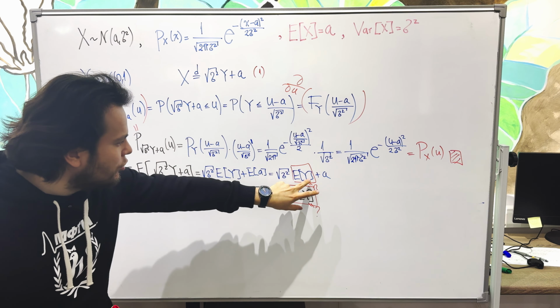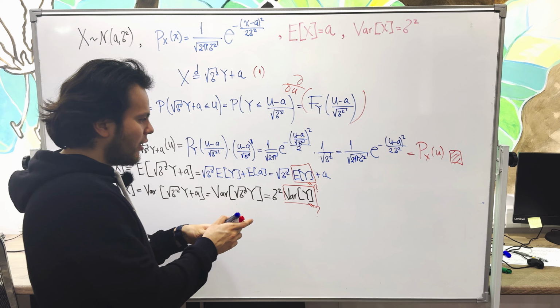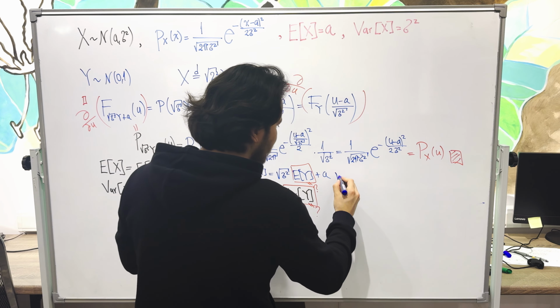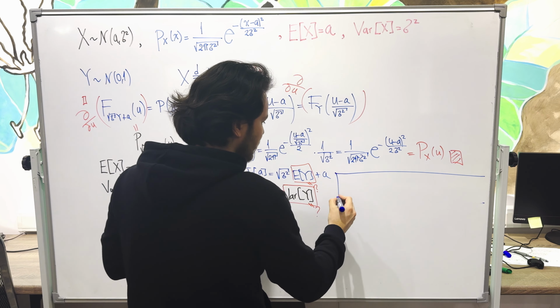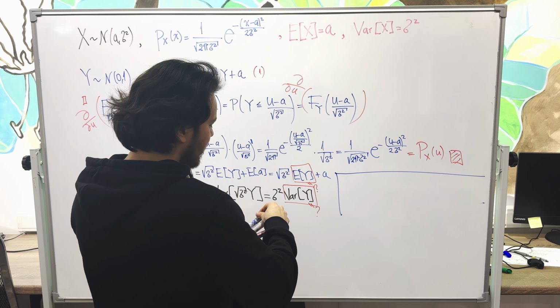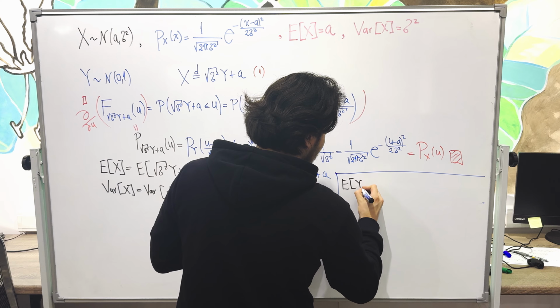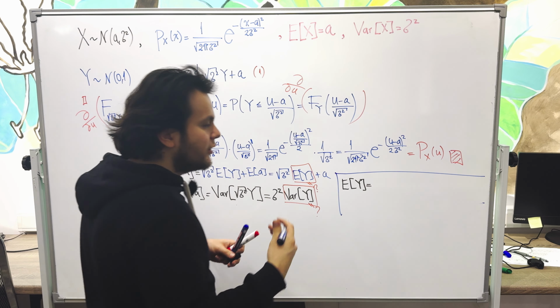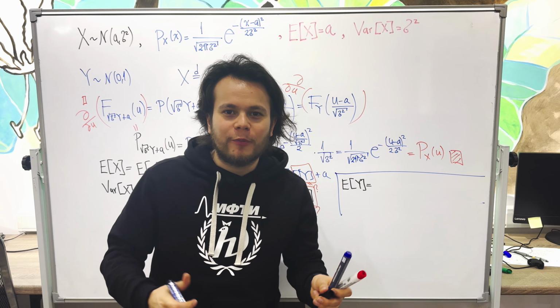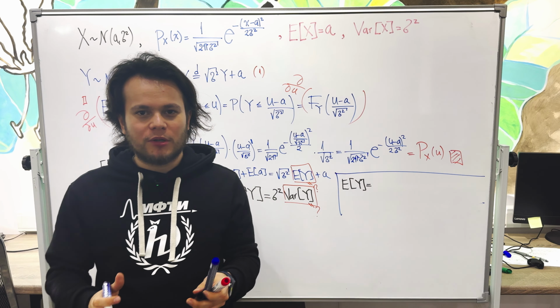So first, let's compute the expected value of y. Let me do that right here. It's going to be a very short integral, you will see. So the expected value of y is given by the formula that we know for the expected value of an absolutely continuous random variable.